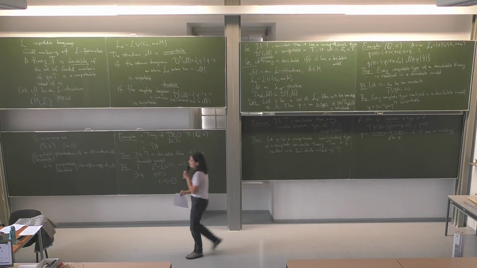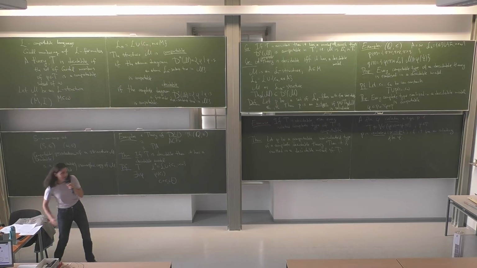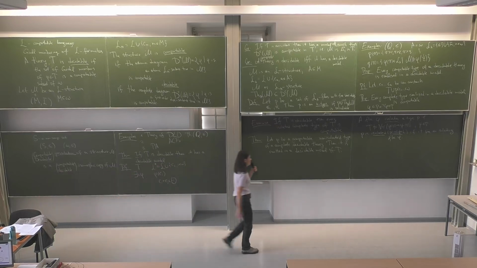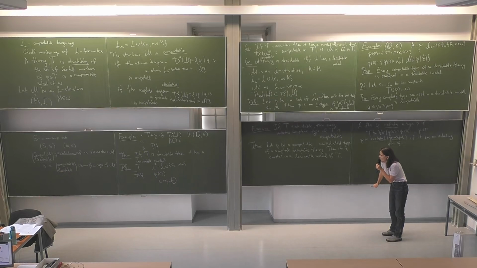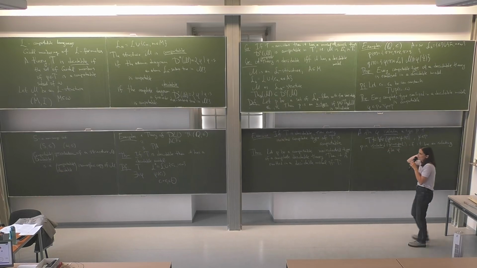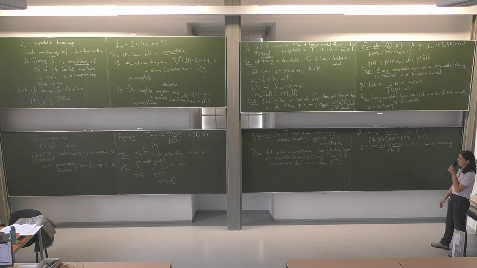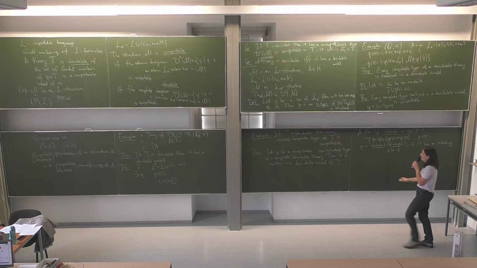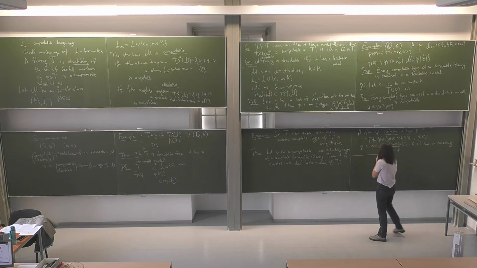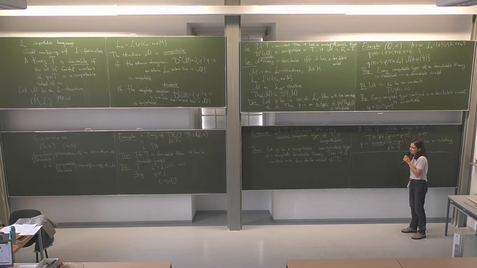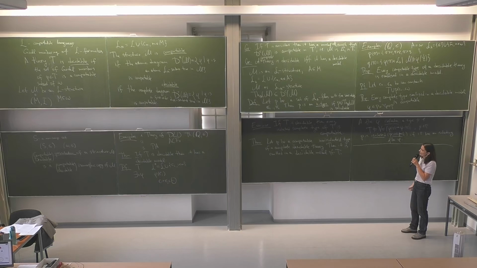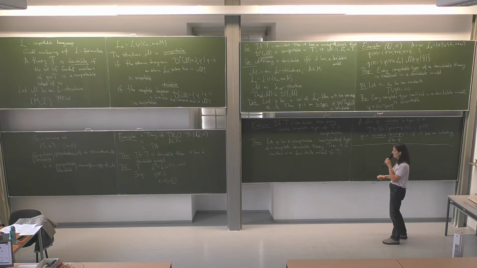Okay, so those are results that are not very surprising, though nice. But as I said, the effective and non-effective versions do not always coincide. In particular, this is what we will talk about at the beginning of the next lecture.